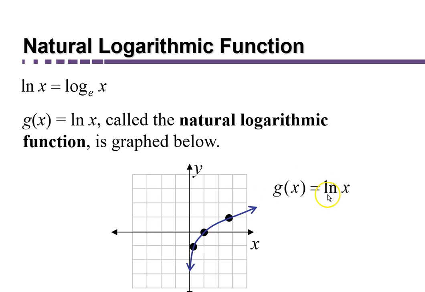And the shortcut way of writing it here is ln. This is not a 1. This is an L. This is for natural log. Natural logs involve the letter e. And again, just a sketch of this would be fine.